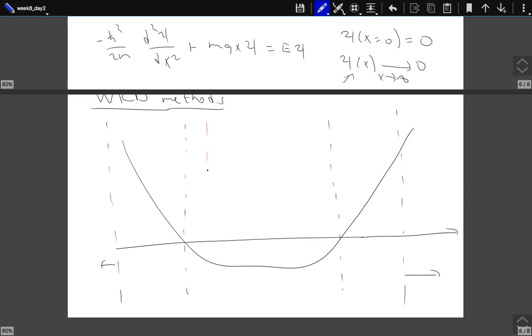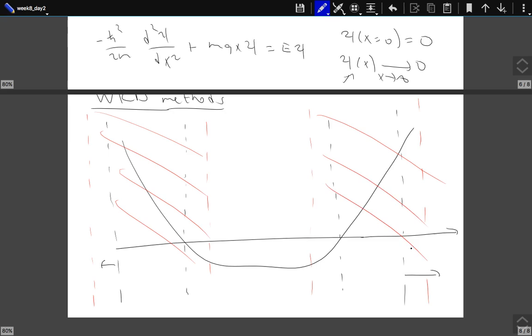And then there is also this range, where my potential is almost linear.